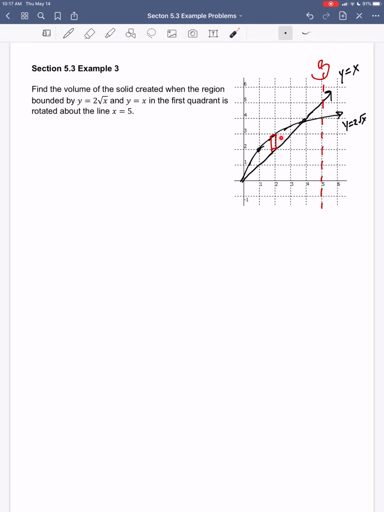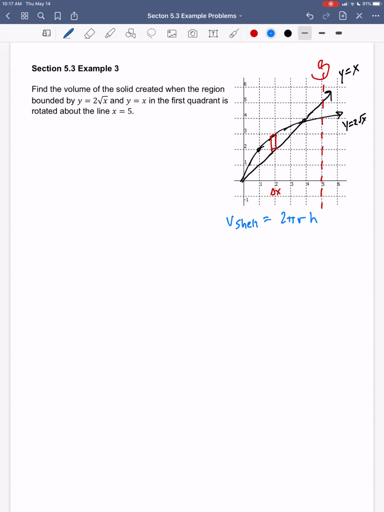If I rotate this rectangle around this axis, it's going to give me that kind of cylindrical shell. And so for the volume of the shell, it's going to be the circumference, 2 pi r, times the height, times the thickness. And of course, this is a little thickness in the x direction.